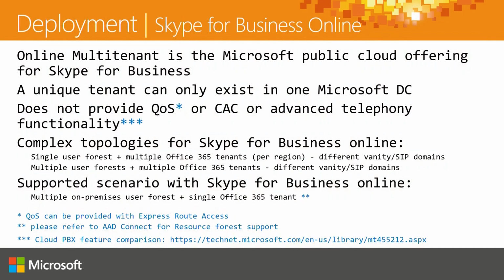Sky for Business Online is the service provisioned from the Microsoft multi-tenant platform. A unique tenant is provided for our customers. This is a very consistent question we get from our multinational customers: if I'm operating in Australia, New Zealand, Japan, and the US, and I'm provisioned with a tenant in the United States, what does it mean to my business?